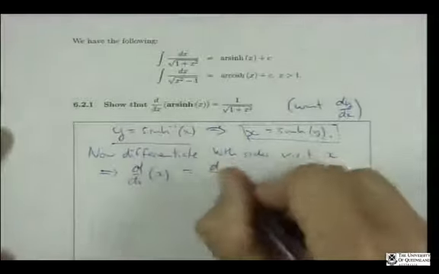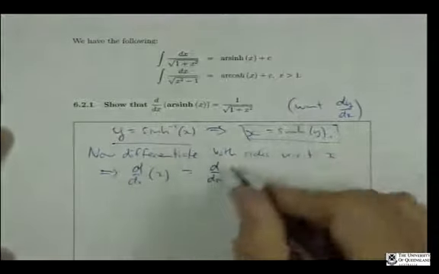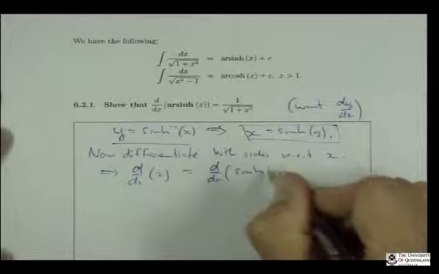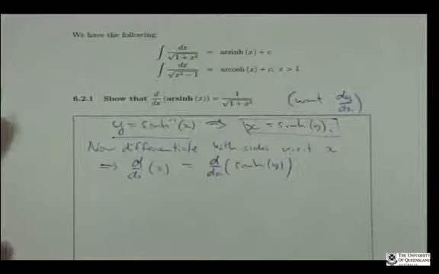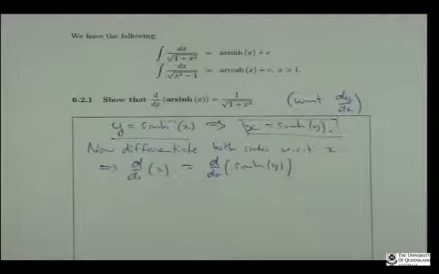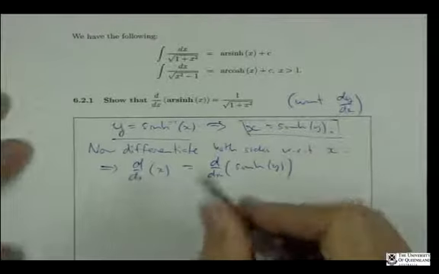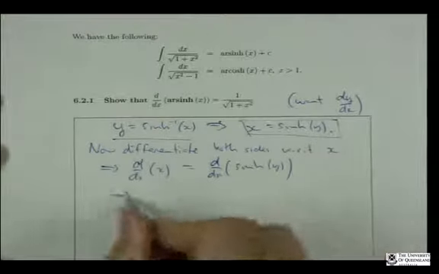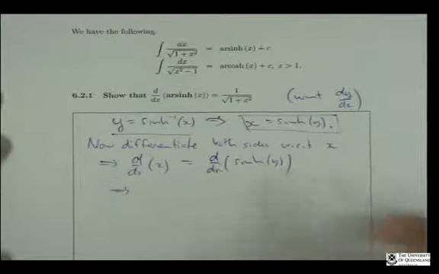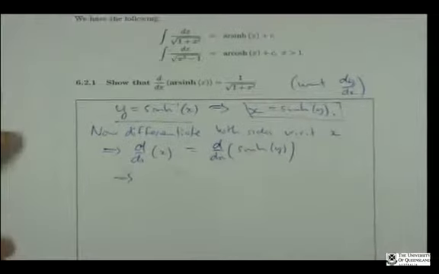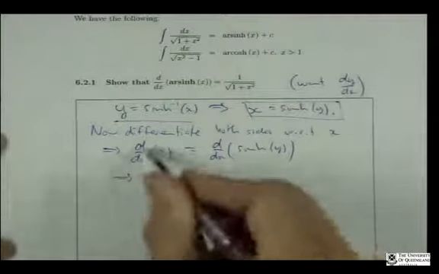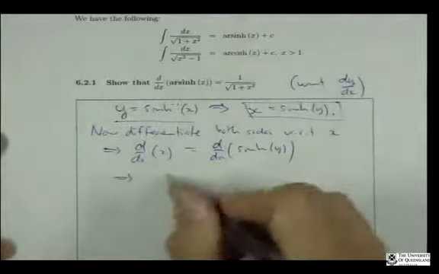On the right-hand side, I've got d by dx of the sine function. But now here we've got a function of a function: sine of y, where y is a function of x. So in order to differentiate that right-hand side, I'll need to use the chain rule. On the left-hand side, dx by dx is just 1.